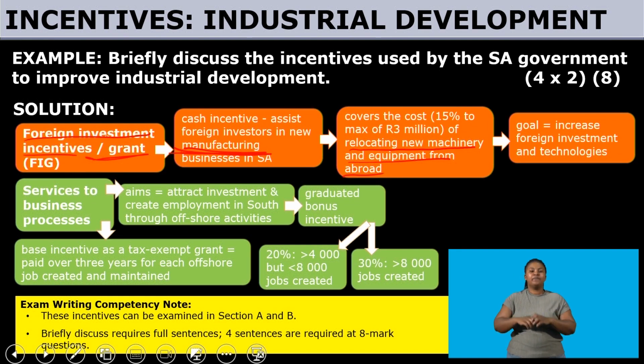It's given as a graduated bonus incentive. So in other words, 20% or more is given if there's a creation of more than 4,000 jobs but less than 8,000 jobs. But a company that creates more than 8,000 jobs can receive up to 30% of this grant.